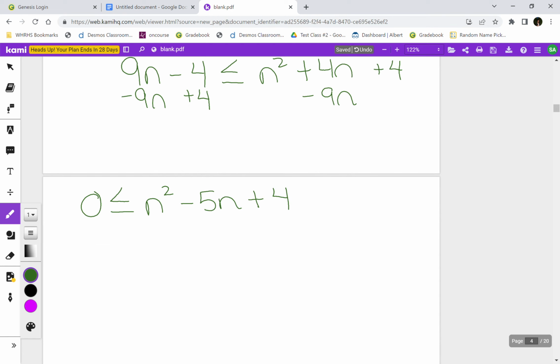I'm going to rewrite it so it's a format you're used to seeing, with the quadratic on the left side, but be careful when you rewrite it. Isn't the inequality eating the quadratic? It's like the crocodile mouth eating. So when you rewrite it, it still has to be eating the quadratic.